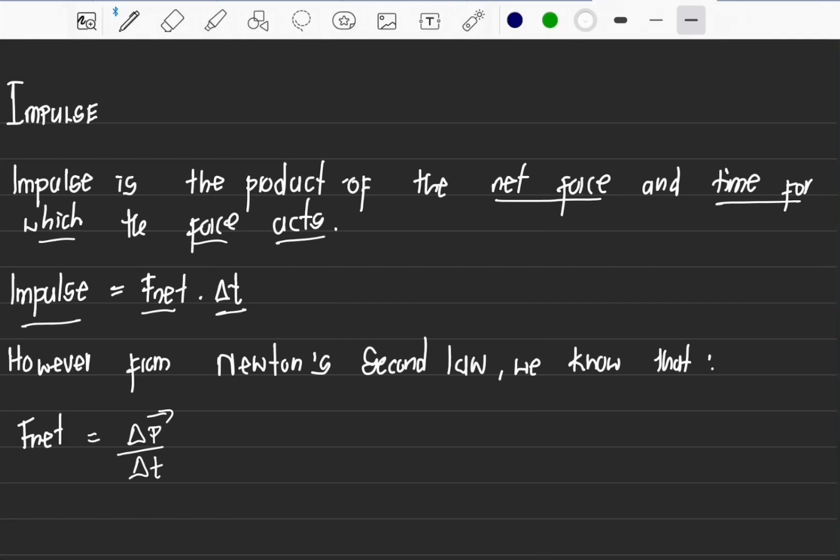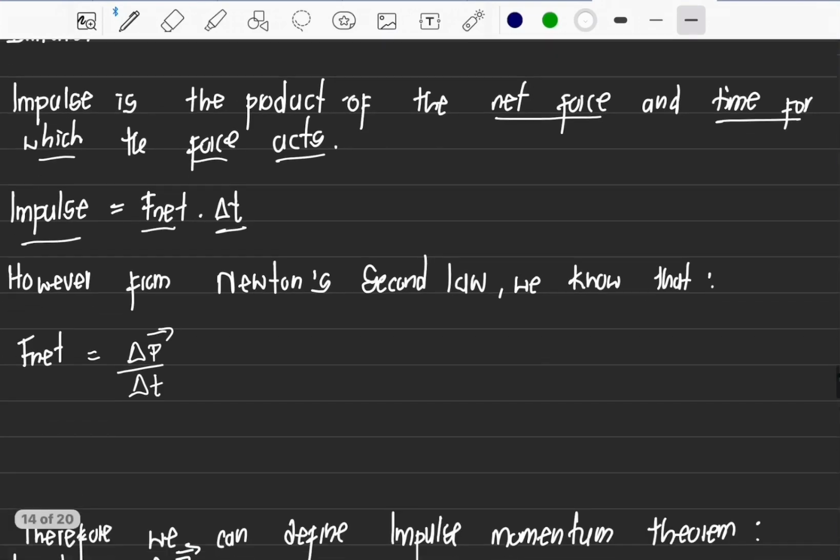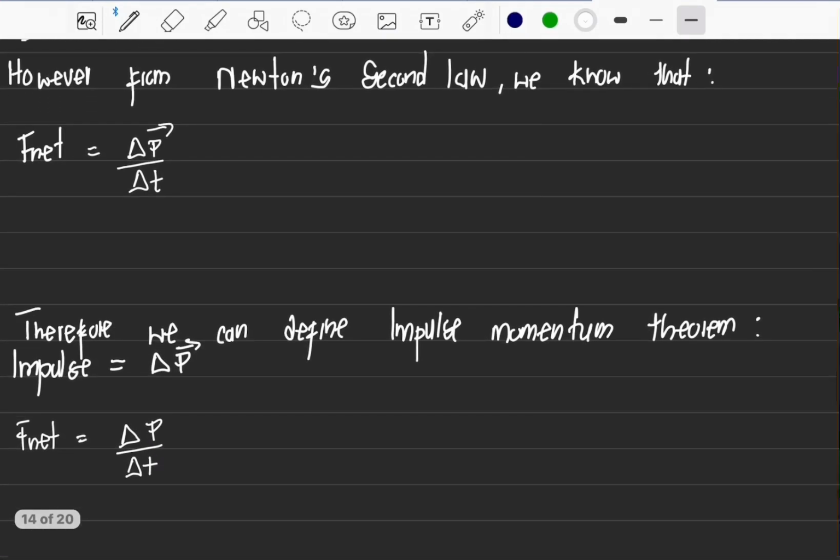However, from Newton's second law, we know that F net is equal to change in momentum over time. So let's find out the relationships between these components of this formula. From other formulas, you already know that the net force is directly proportional to the change in momentum, and then you know that it is inversely proportional to the change in time.